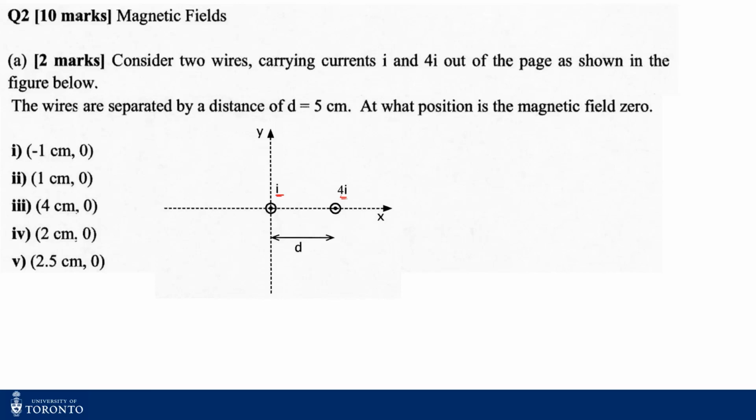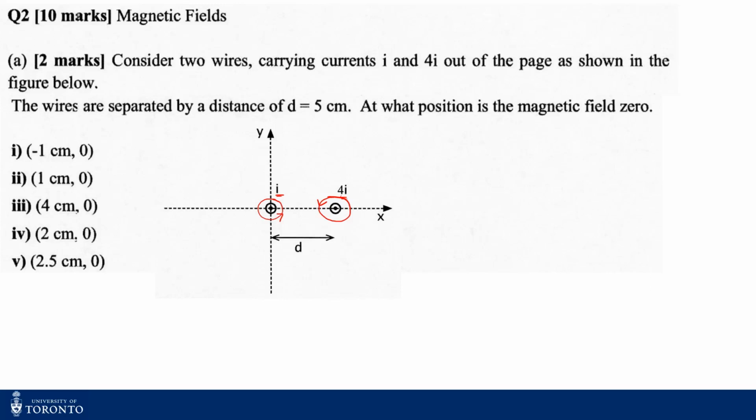And they will induce a magnetic field by the right hand grip rule. If you point the thumb towards the direction of the current, then you'll have the direction of the magnetic field because of this current flowing like this, right? So you see that at some point this upward magnetic field and this downward magnetic field will cancel out, right?